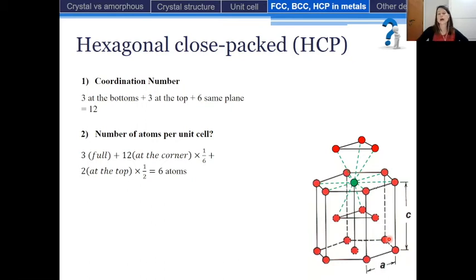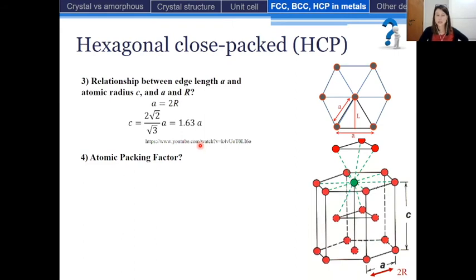Okay, so I count 12 atoms at the corner divided by 6 unit cells, and I should consider also these atoms that are placed at the center of these hexagons, top and bottom planes, that are shared by 2 unit cells, the one that is represented and the other one at the top. And so totally we calculate that the number of atoms per unit cell is equal to 6 atoms.